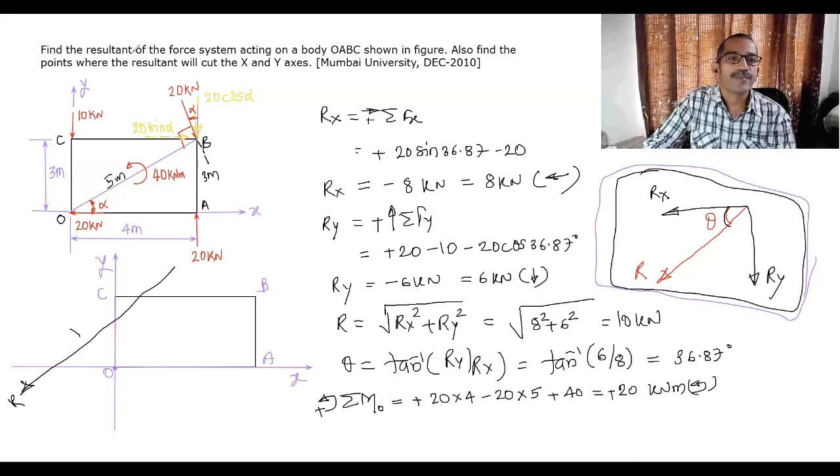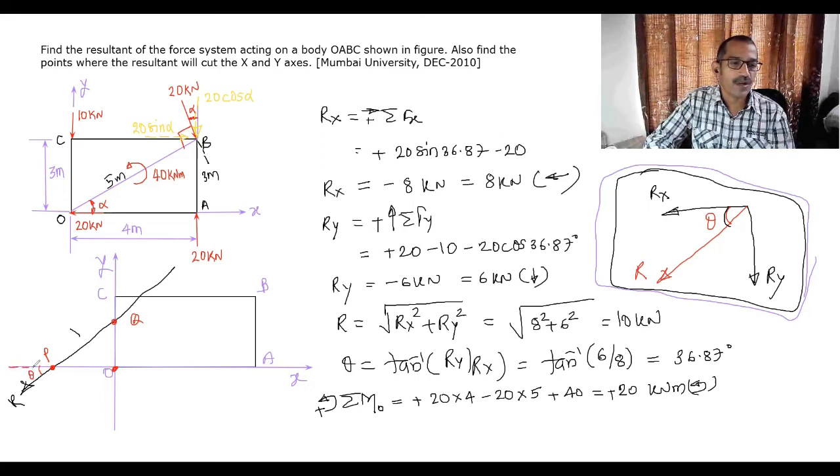Now here what I represented, this is say R. This resultant cuts this x-axis at, say, point P, and cuts the y-axis at, say, point Q. Now about point O, if you take the moment of this resultant, and you know this angle is theta.